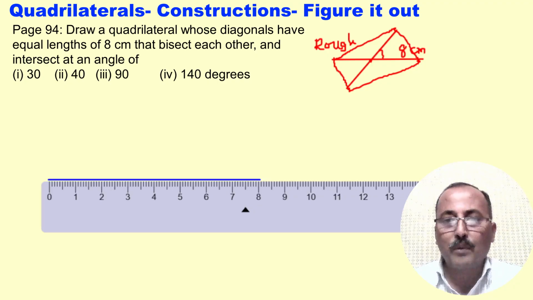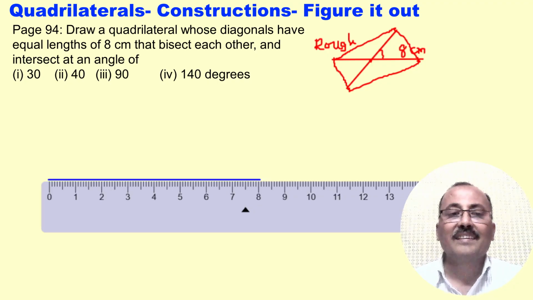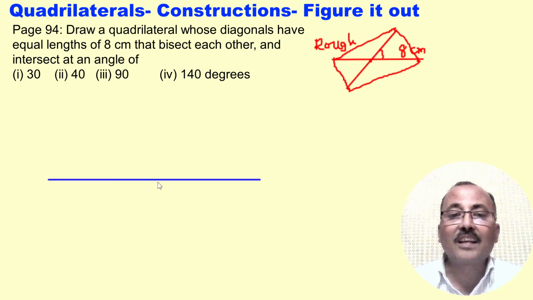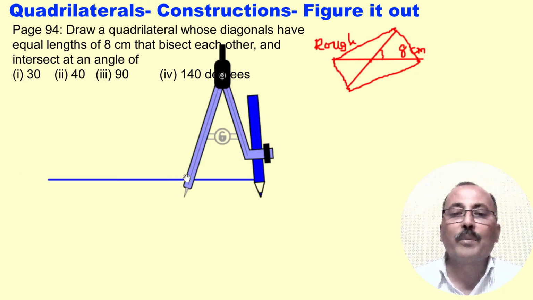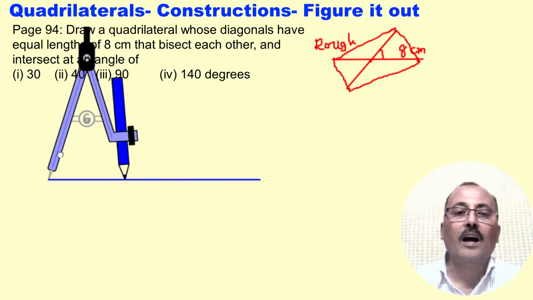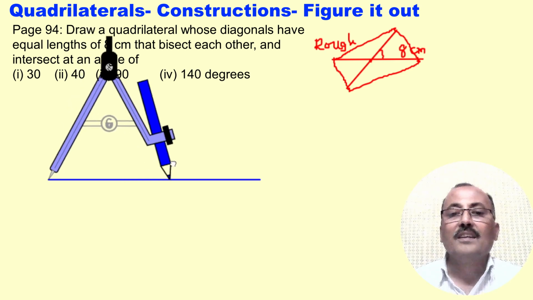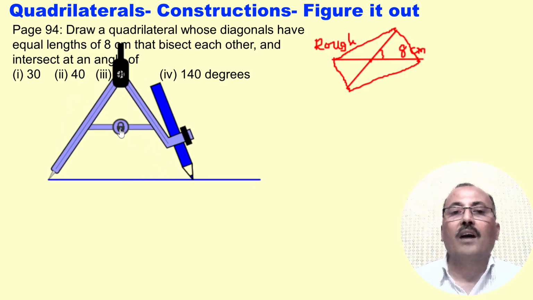To find the midpoint, my dear children, what do you have to do? Do you remember? Yes, guess it. That means you have to find the center point. You have to take the compass and get the center point. How do you get that center point? Take more than half and draw the arc.